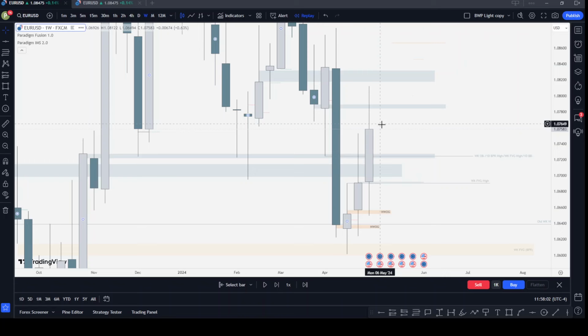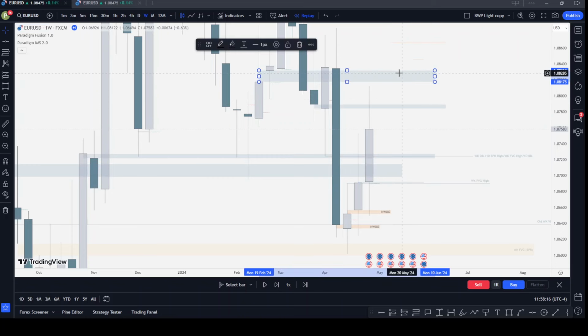So what is more appropriate or what is more likely is a return into this new week opening gap, or probably down to this or this, to continue higher into this guy. So that is the narrative I am going to have in mind going into the week.